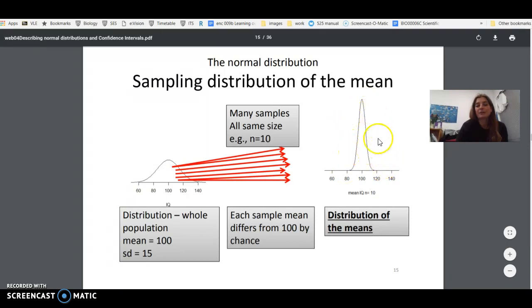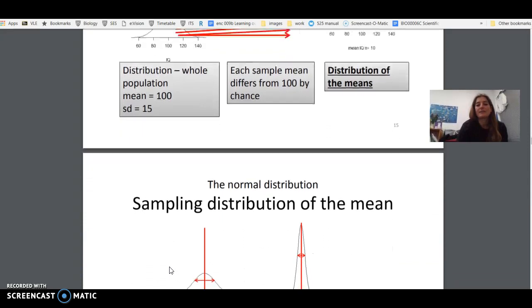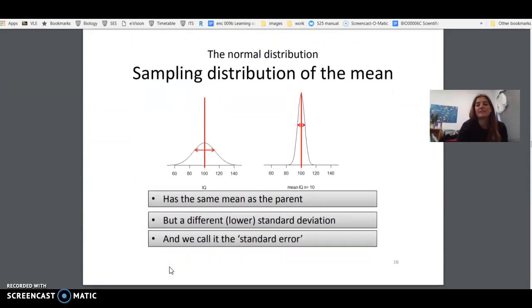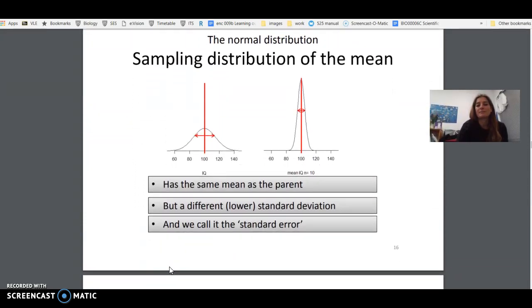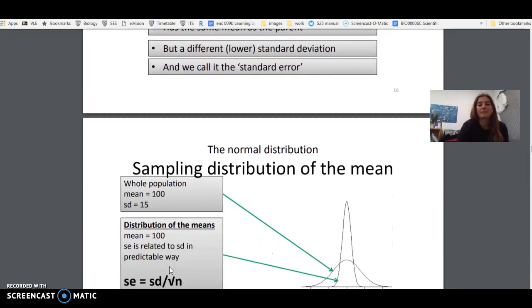And the key thing about the distribution of the means is it has a smaller standard deviation. So instead of it having a standard deviation of SD, it has a standard deviation which we call the standard error. And the standard error is smaller than the standard deviation. And it's smaller by dividing it by the square root of n.